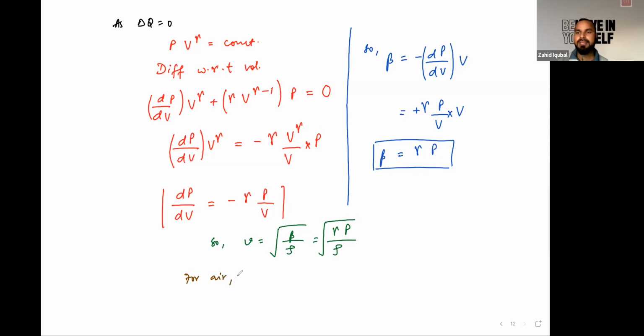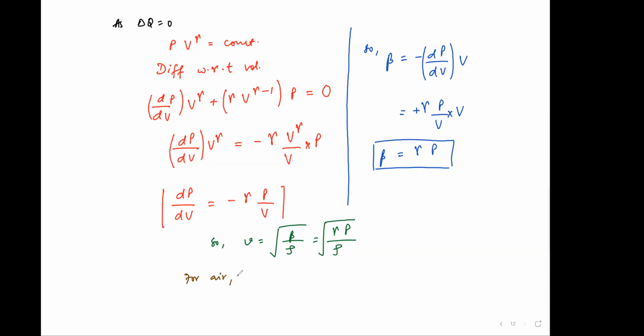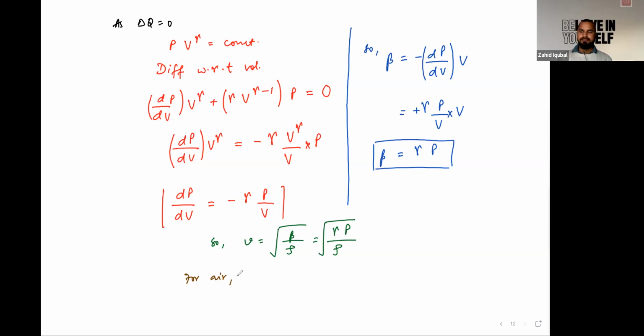Now, if you have to calculate for air, tell me the most abundant gas in air. Hiba, which is the most abundant gas? Nitrogen. Good. How much will be its percentage? It will be 78%. Okay. Hamza, just tell me the next most abundant gas.